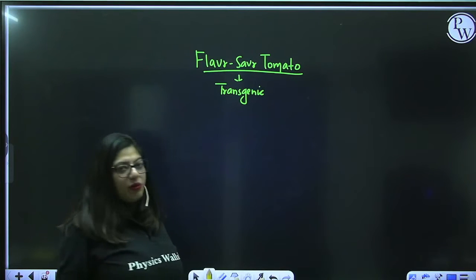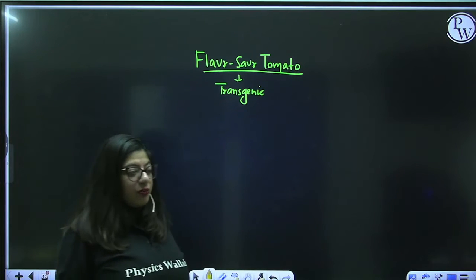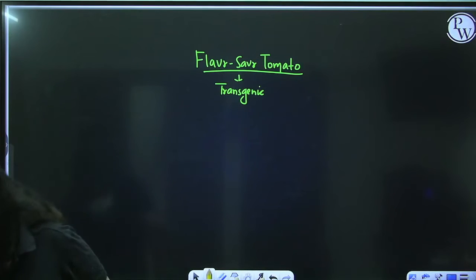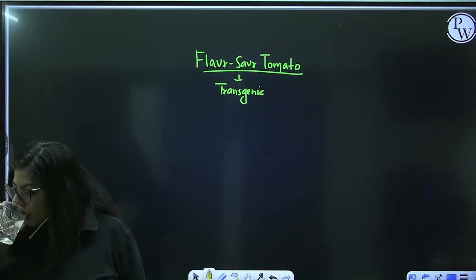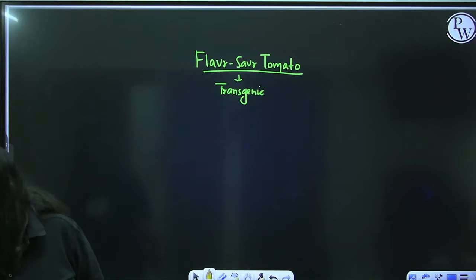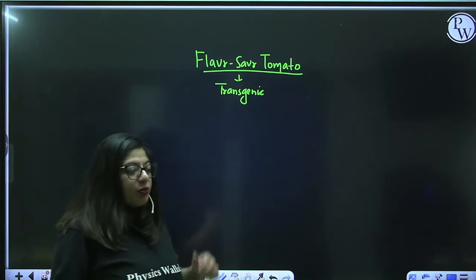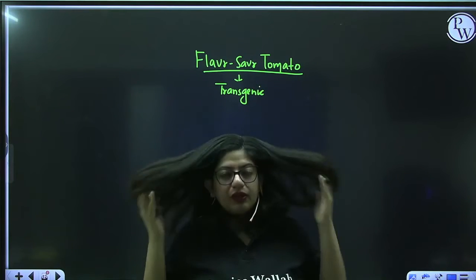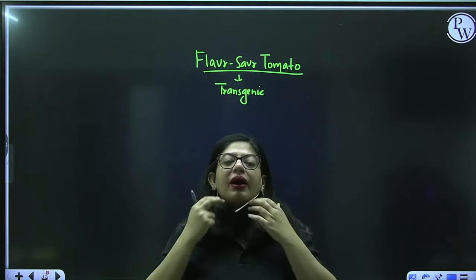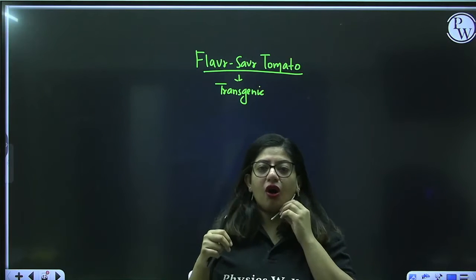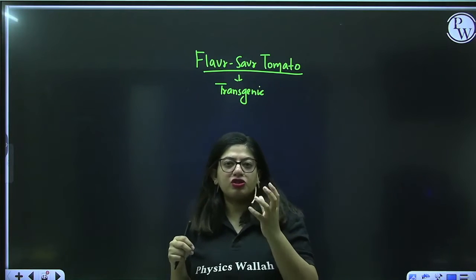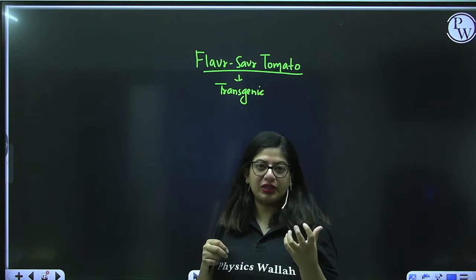Okay, so what's the problem in tomato? Let me drink some water, then I'll tell you what's the problem. The problem in tomato is that whenever you go to market to buy a tomato, you always want your tomato to be firm, red, juicy.